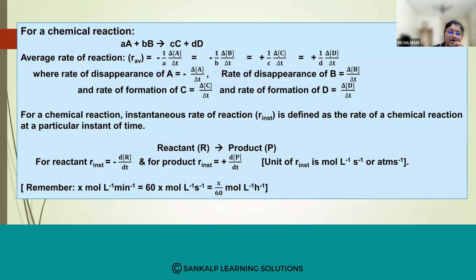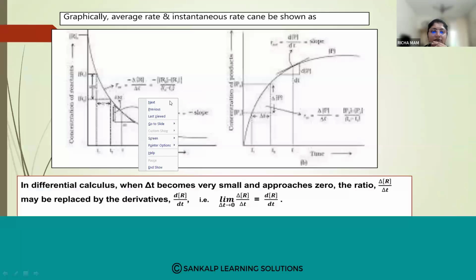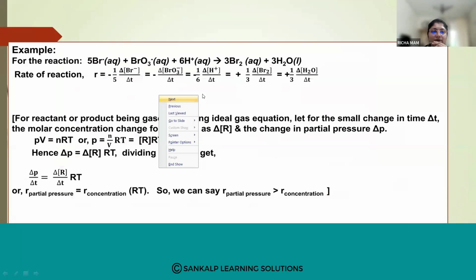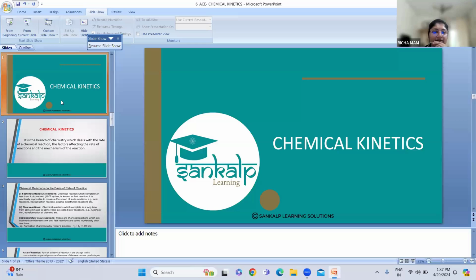In the last class we solved one problem based on the rate laws. So based on the rate equations, let us solve a few more questions, then we will start with the factors. Two more questions, so let us see.